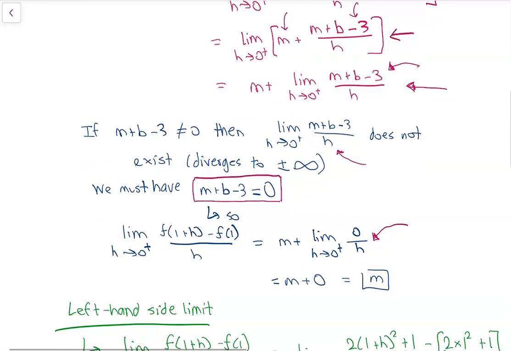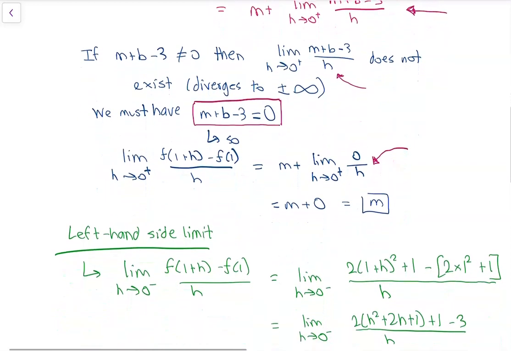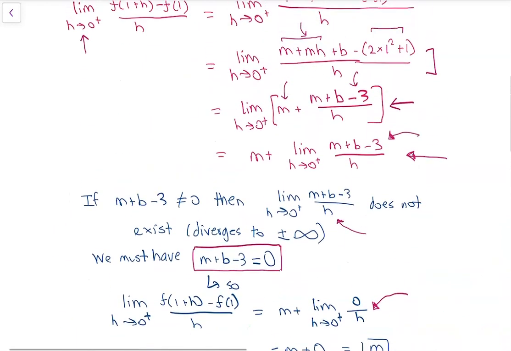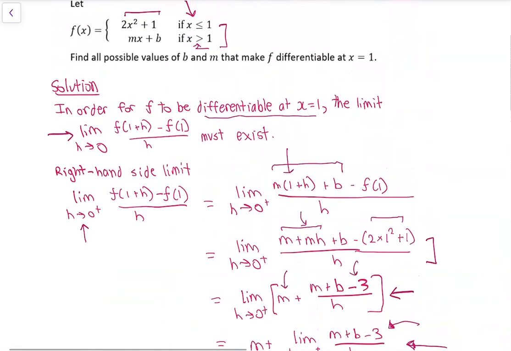Now we can find the left hand side limit. So this is the same, except now we are approaching from the negative direction, or the left hand side. And we can recall for x less than or equal to 1, we're going to be using the 2x squared plus 1 formula for f of x.